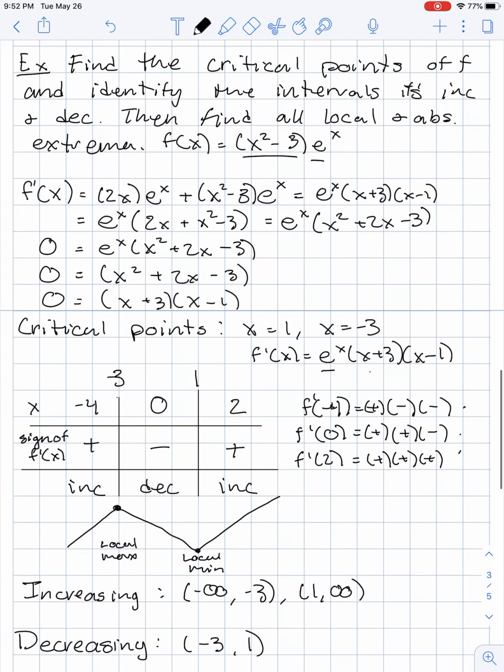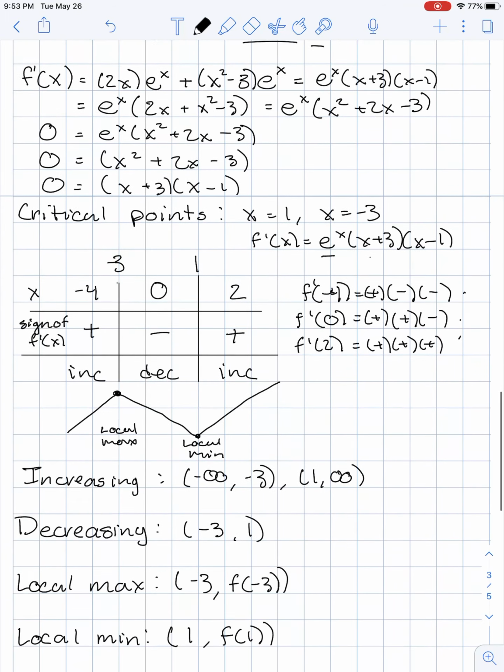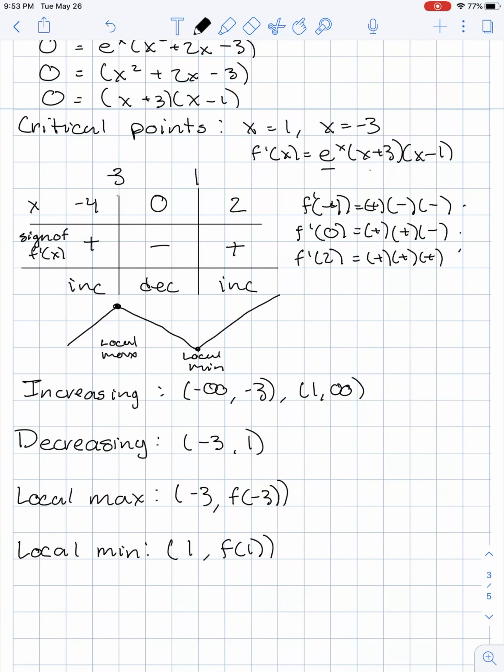So what about absolute extrema, right? We're not given any endpoints here. We're just given a function. I can plug any number into f of x. So the whole domain and range is like, there's no endpoints here. Notice that in my picture that I drew under the chart, I'm increasing. I don't know if I'm increasing up to infinity or there is a horizontal asymptote. I don't know.